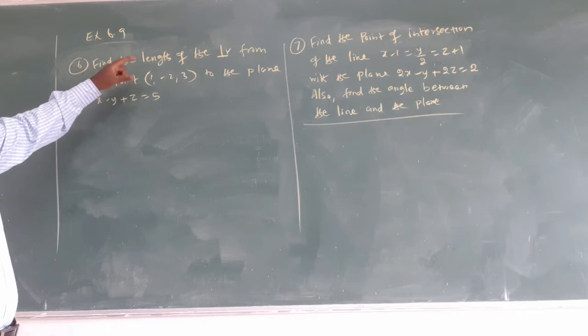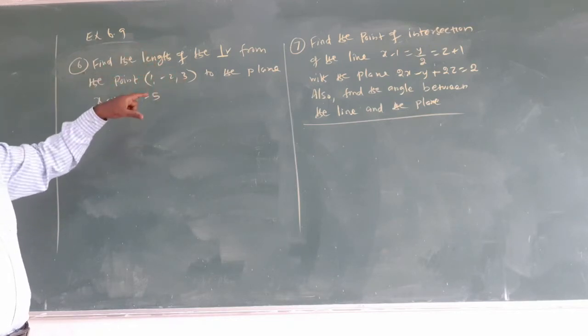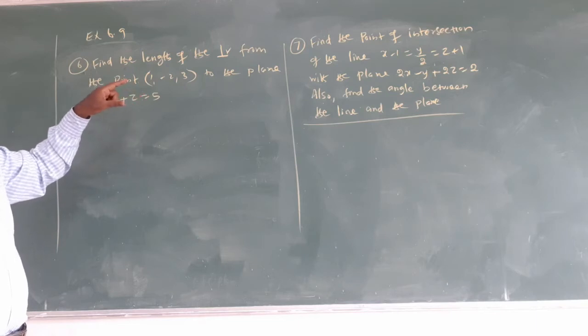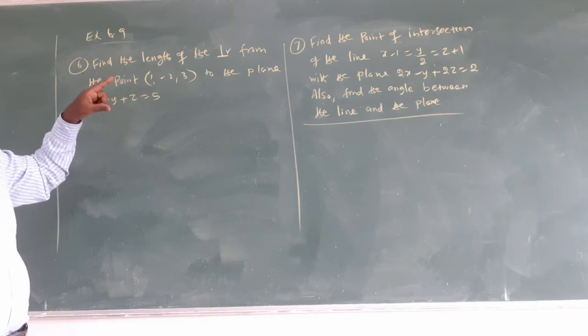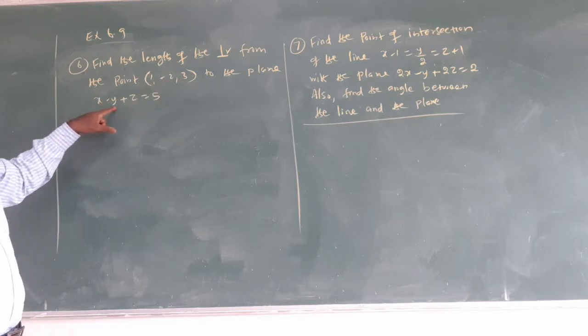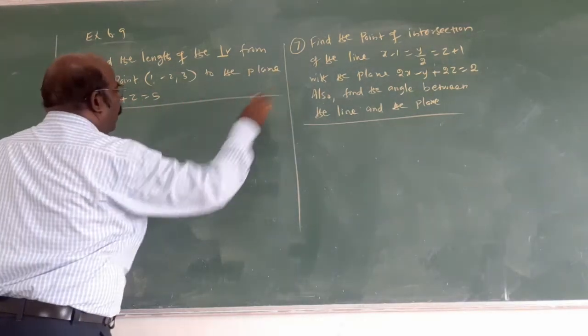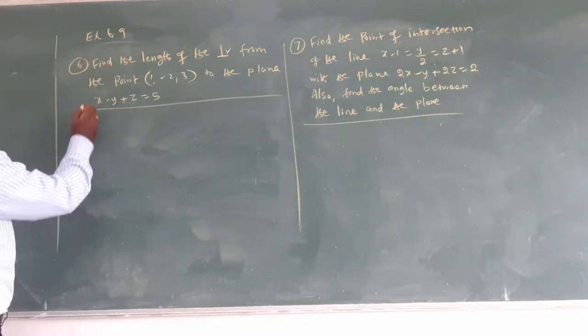Find the length of the perpendicular from the point 1, minus 2, 3 to the plane x minus y plus z equal to 5. Now write the formula.